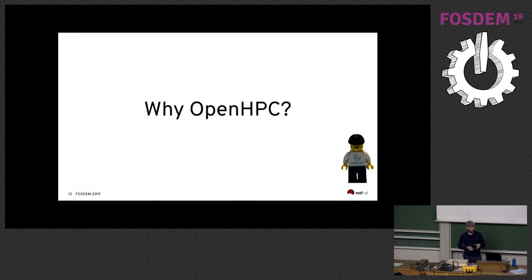And now I want to talk about why OpenHPC. This basically depends on how HPC systems are usually set up. HPC systems have somewhat different software requirements, what the users expect to be there, and what is usually available on HPC systems for the users.